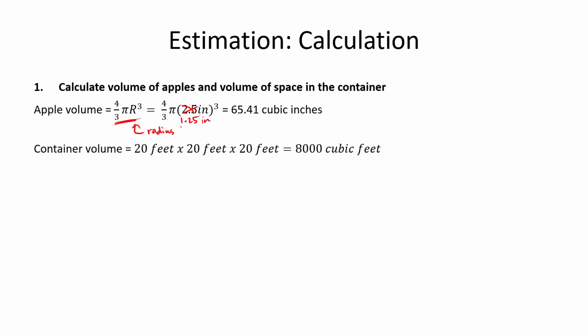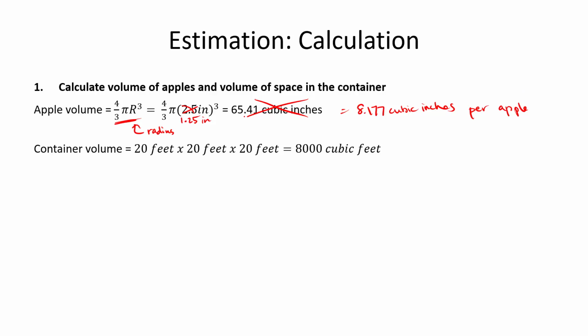So if we go ahead and correct that calculation, you will see that we actually get 1.25 to the third power times pi times 4 divided by 3. We end up with a smaller result of only 8.177 cubic inches for the apple.